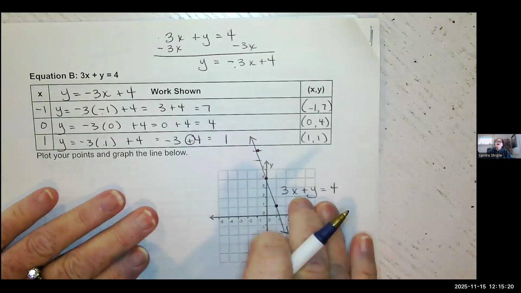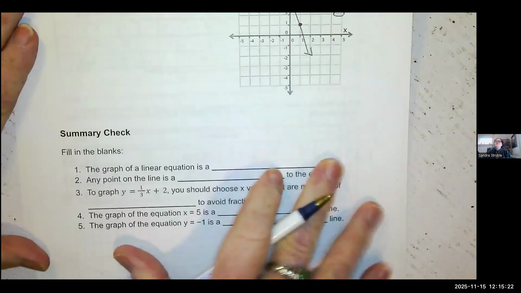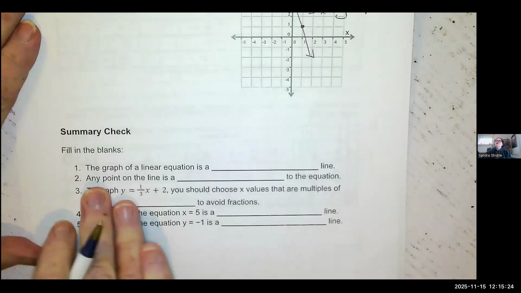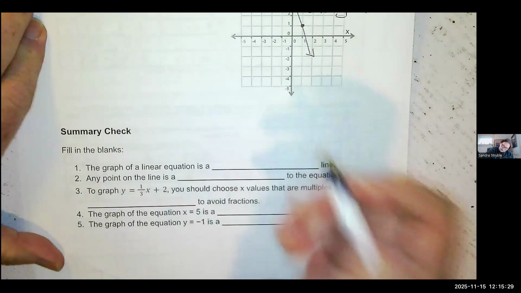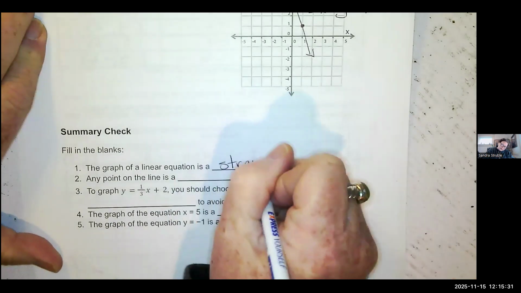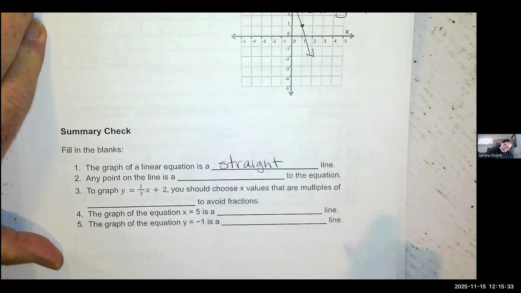All right, the summary check. Fill in the blanks. The graph of a linear equation is a straight line. There's no curves to it. Any point on the line is a solution to the equation.